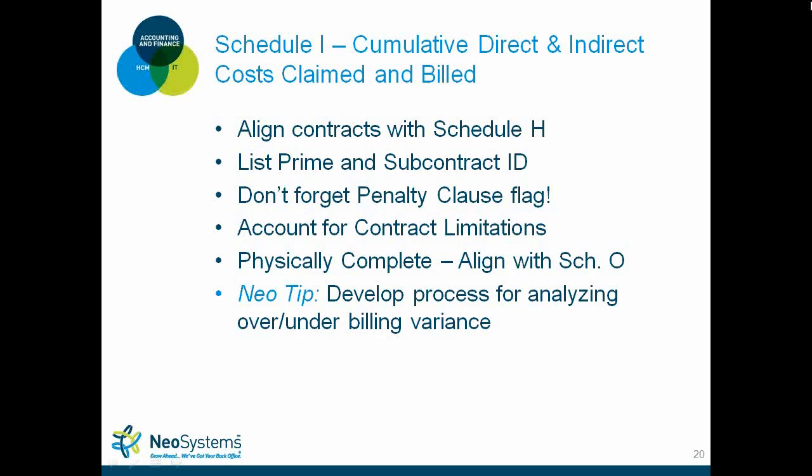So if you're coming up with $90,000 of a variance for a specific contract, and you have $95,000 as an over or under billing variance, then you're close. So you get a better comfort level in terms of what those variances are. Again, a very good tip. Please do that.